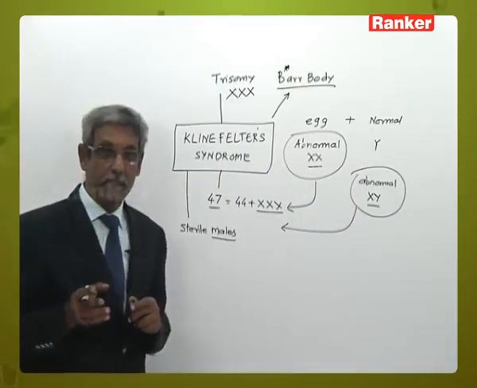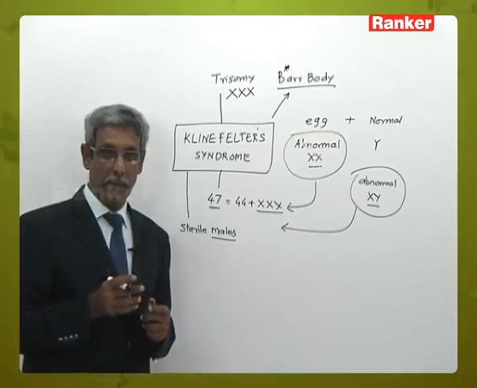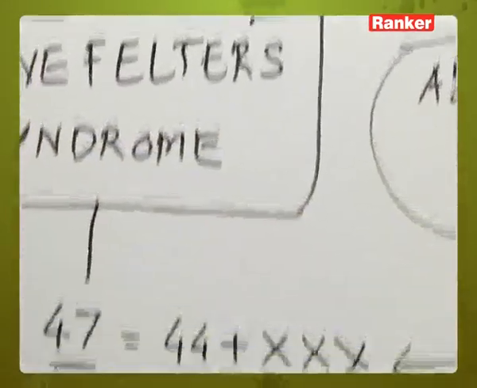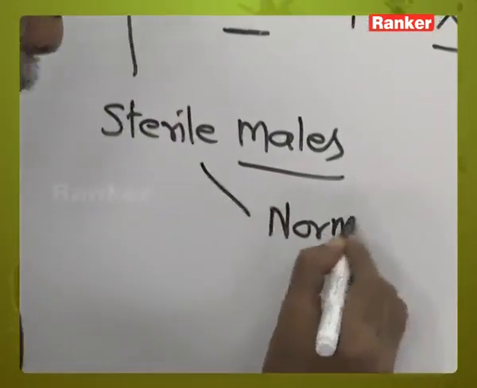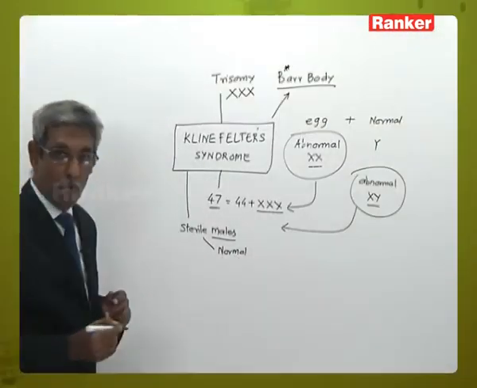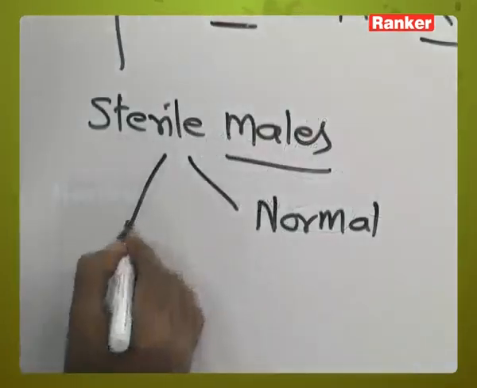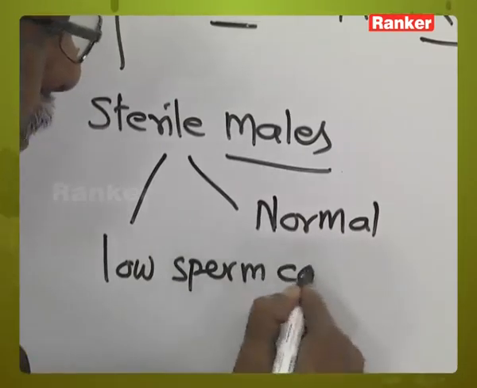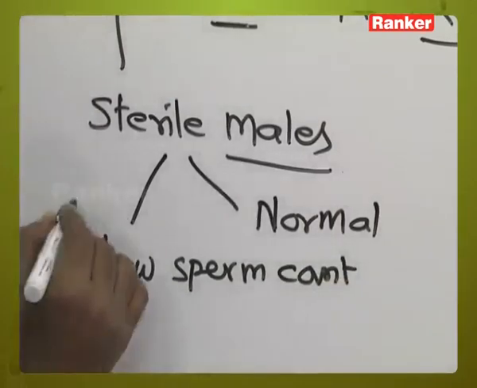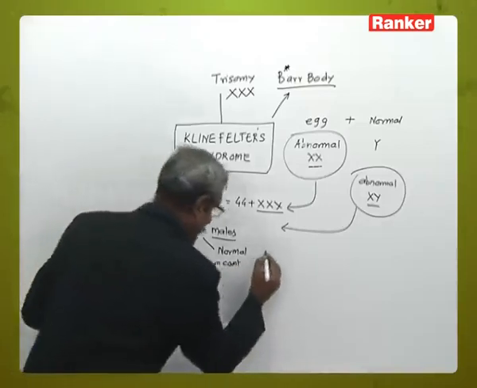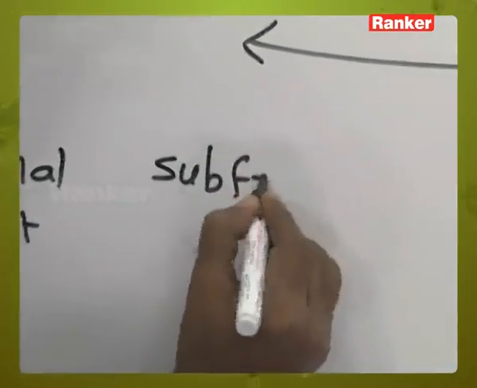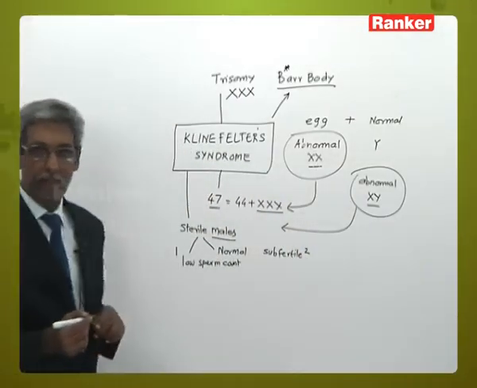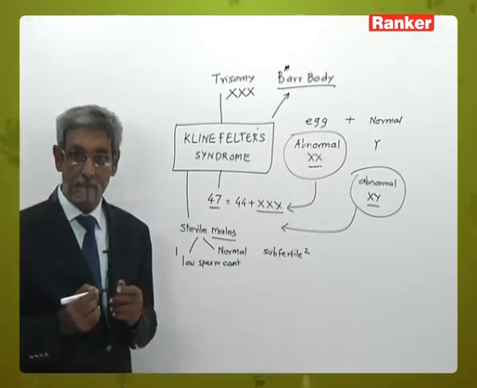The clinical symptoms of Klinefelter syndrome: the males appear normal. However, they have a very low sperm count. They are subfertile, that is, they have very small testes.